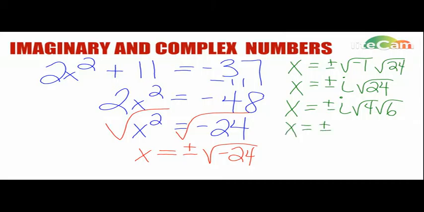Plus or minus, take the square root of 4, which is 2, put the i in there, and then the square root of 6. Notice after I did the square root of 4, I put the 2 in front because that's like the coefficient. I put the i, and then I write the square root of 6. All right, that is my answer for x for this problem.